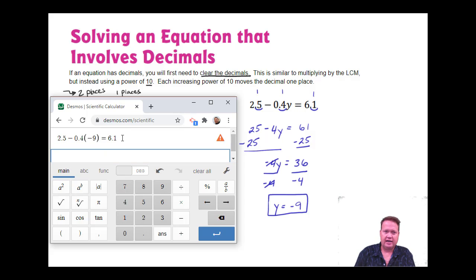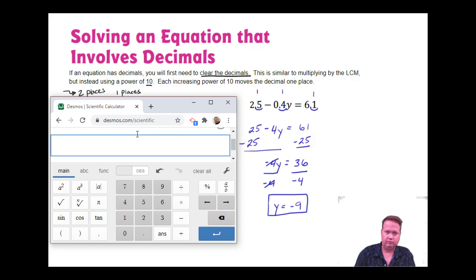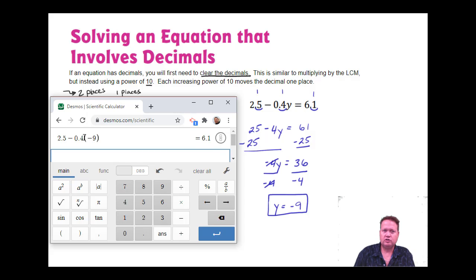Actually, I should take away this 6.1 because I already know what it equals. You can see that 2.5 minus 0.4 times negative 9 came out to 6.1, and the right side was also 6.1. So that means that when I put in a negative 9, the left side equals the right side, and that's why it's my solution.